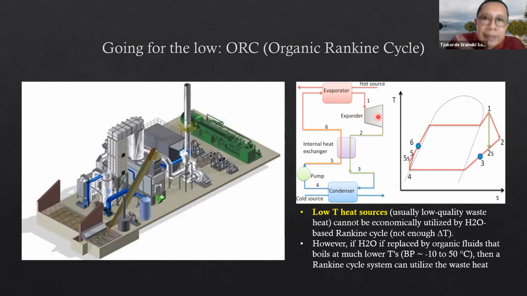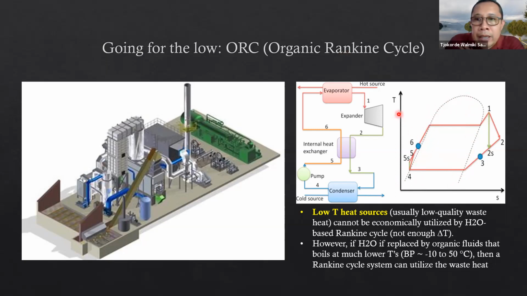So this is exactly as the name implies. This is a Rankine cycle, just a regular Rankine cycle, but instead of water, you're using organic fluids. And when you change the working fluid, of course this curve will change, right? Because this curve is the characteristic of the fluid.